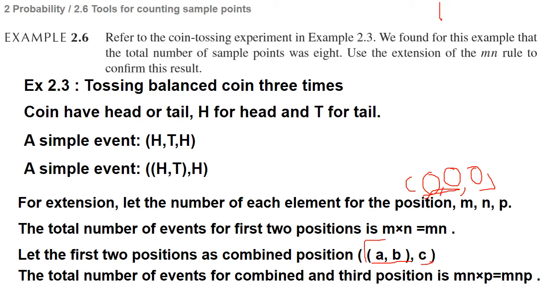All the items for the combined position is MN, and the number for the third position is P. So MN times P, which is MNP. So this is the extension of the MN rule.